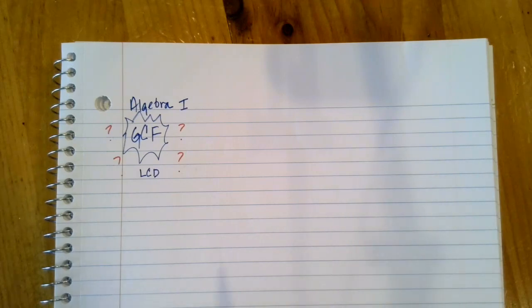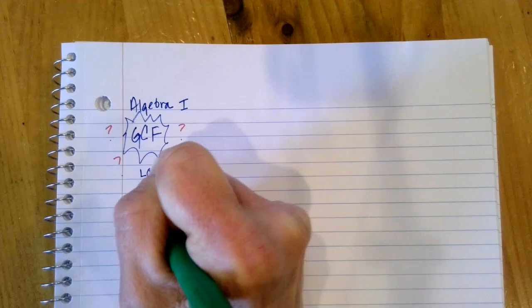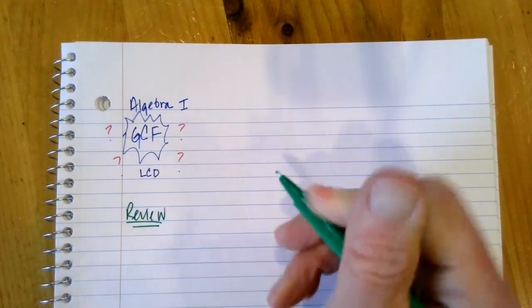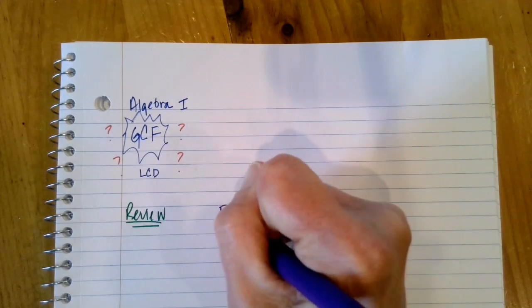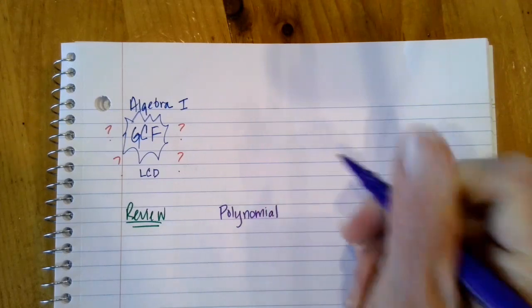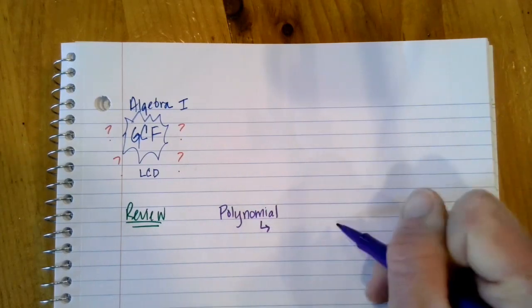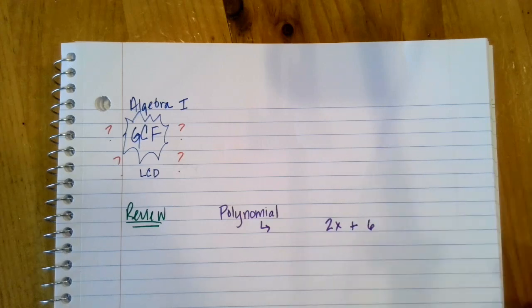Okay, let's take a step back and do some review. And our review goes like this. One of the first terms that we learned in this unit was polynomial. And I like to think of a polynomial as just a collection of terms. Those terms are separated by plus or minus signs.